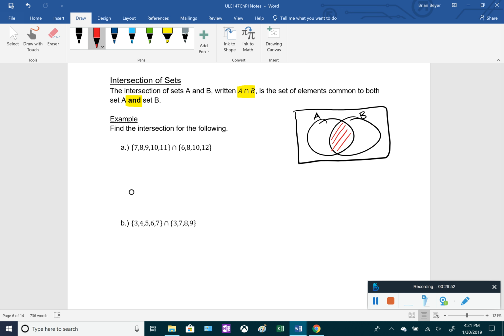It's where they intersect. It's where they overlap. So it's the portion where they have in common in the middle.